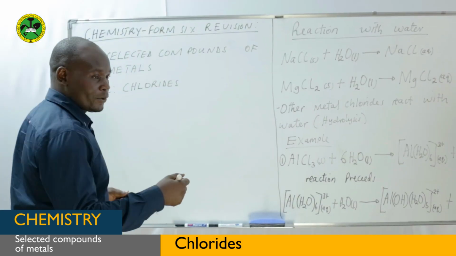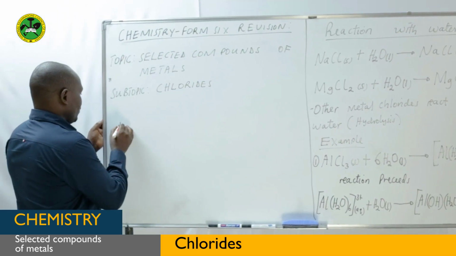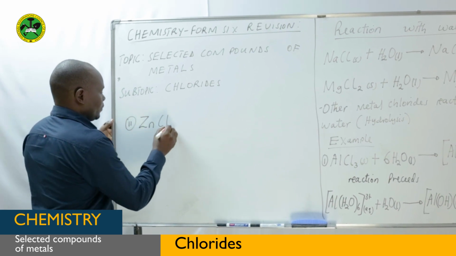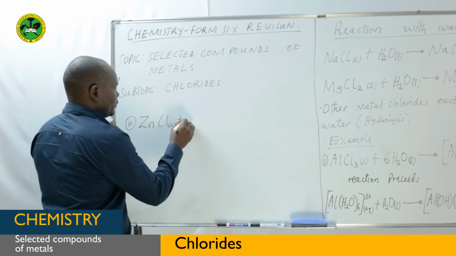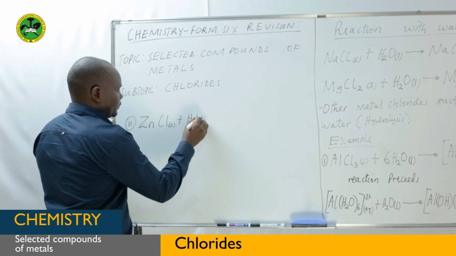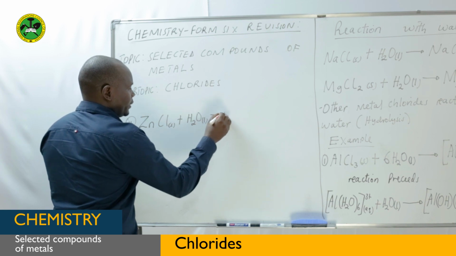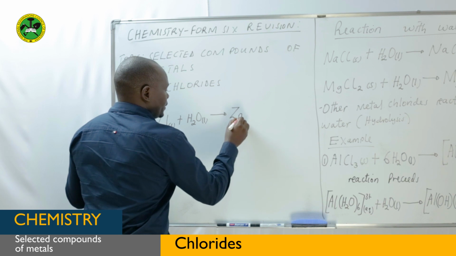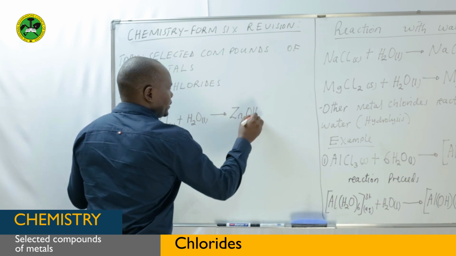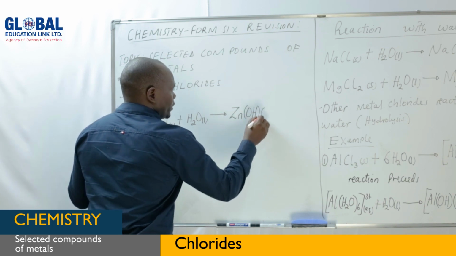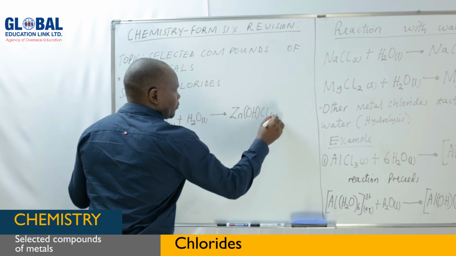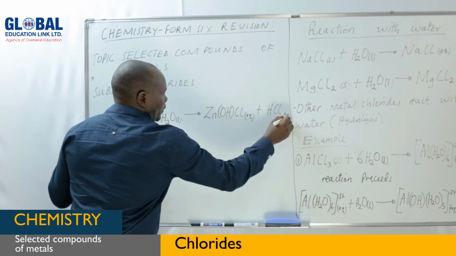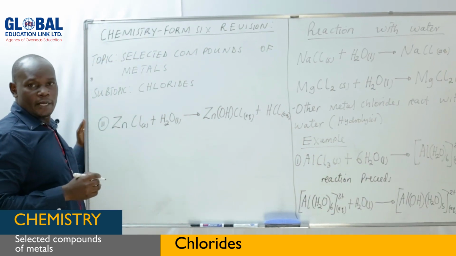Okay, another example is zinc chloride, when it reacts with water, which is liquid, results into formation of zinc hydroxyl chloride, which is an aqueous, then plus hydrochloric acid, which is also an aqueous.